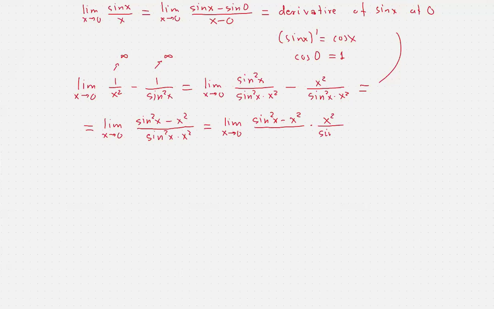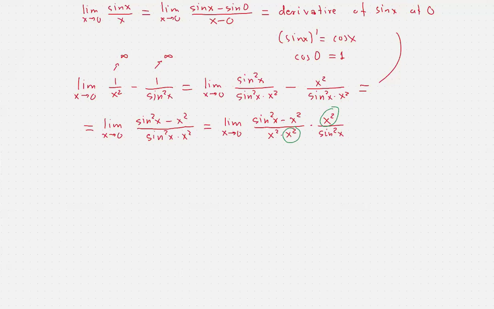Of course, you will ask where this x squared came from. It doesn't really matter because we're going to also multiply by x squared. So now I hope you can see that these two things cancel each other. So there is the balance that we had before, and then what you have on the denominator is x squared times sine square of x, which was precisely what you had before.